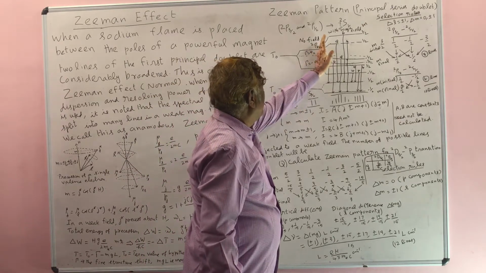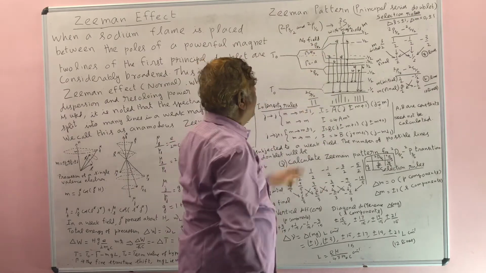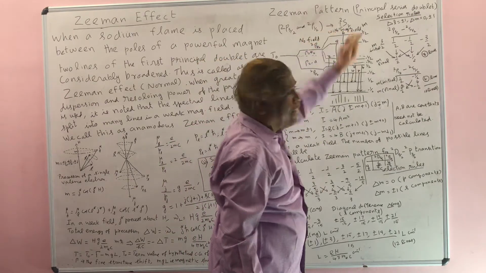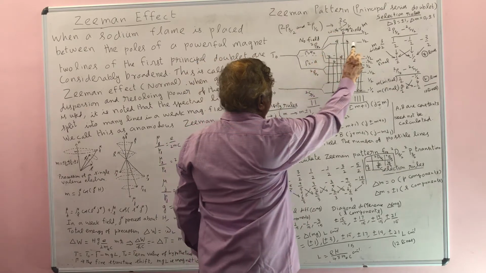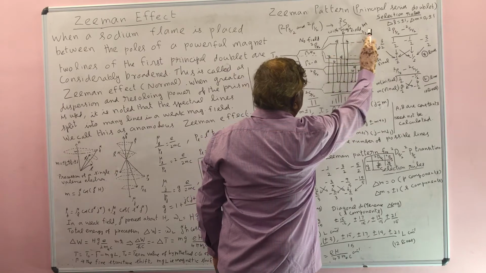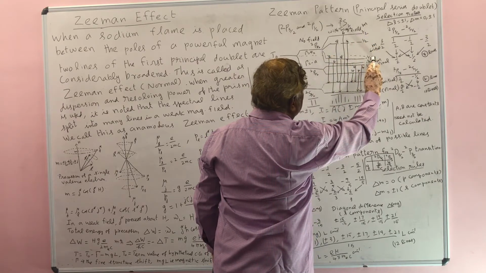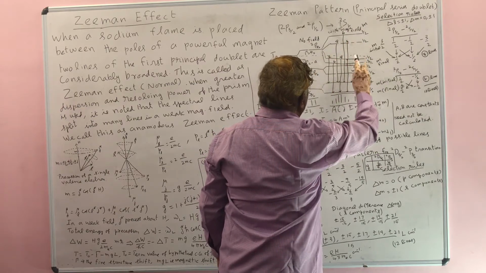So if we don't apply a field, this is the energy level. Once you apply a weak magnetic field, this splits into 4 levels according to the value of M. J is equal to 3 by 2, M is equal to 3 by 2, half, minus half, minus 3 by 2. So this level splits into 4 levels.